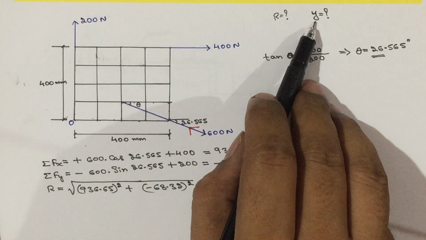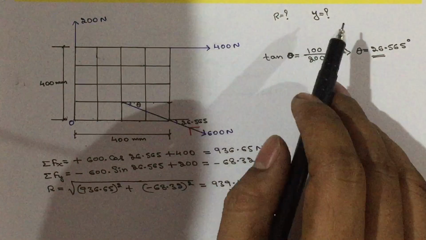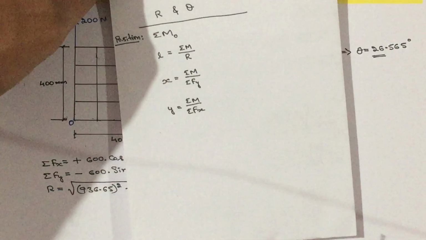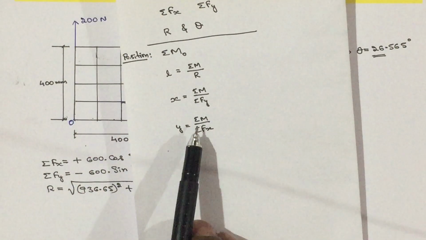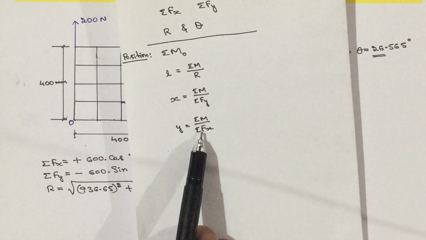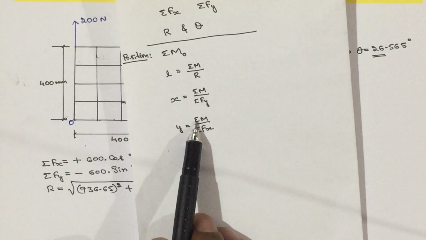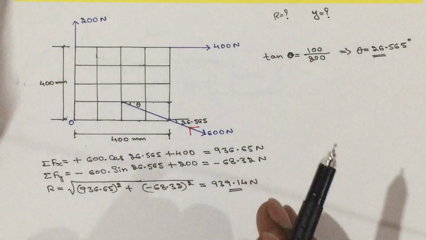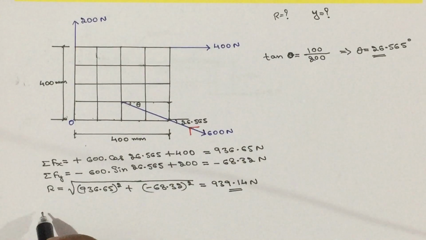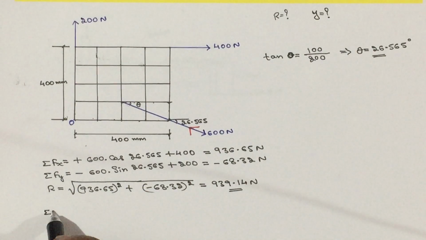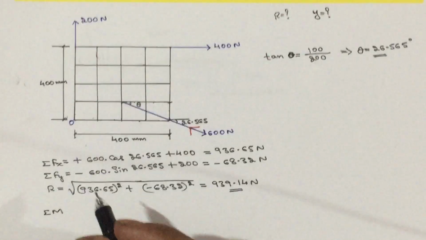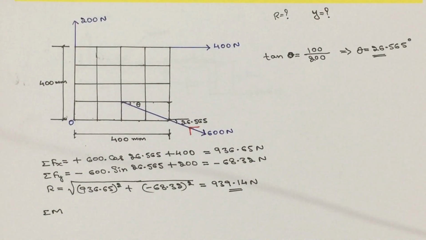Y-intercept. To calculate the y-intercept, the formula is sigma m divided by sigma fx. Sigma fx is already calculated. We need sigma m. So calculate sigma m. With respect to which point are you going to calculate?